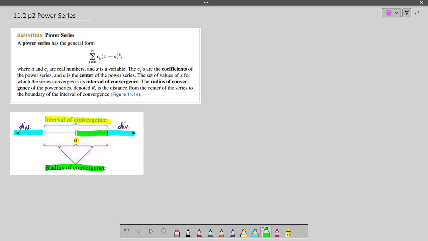What image comes to mind when you see this? Have you ever talked about the radius of an interval before? No. Radius of an interval? What do you think of when you hear the word radius? Circle.